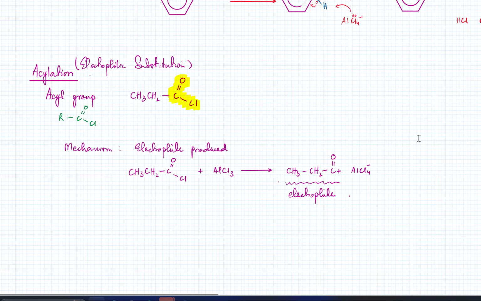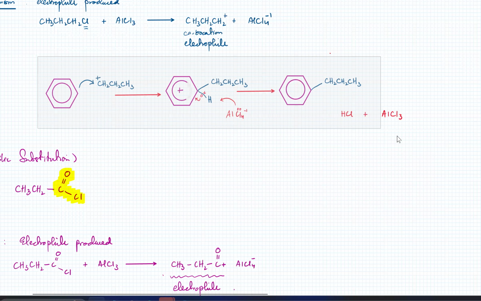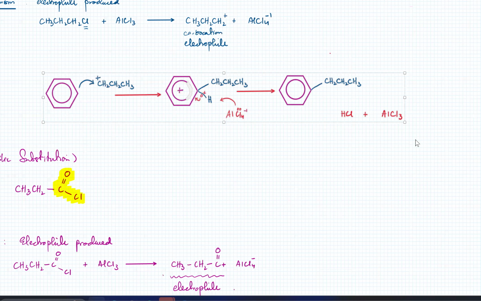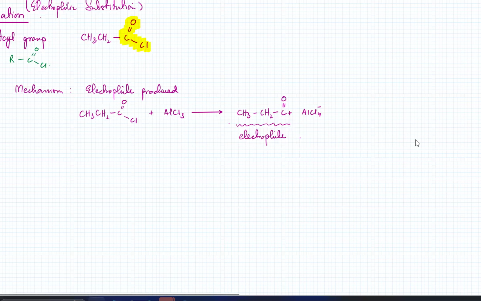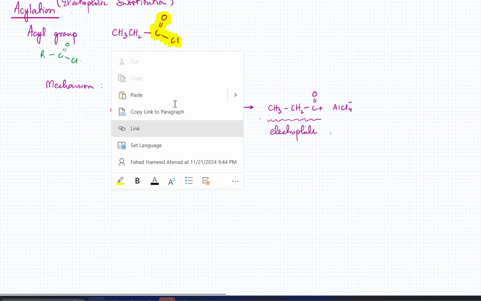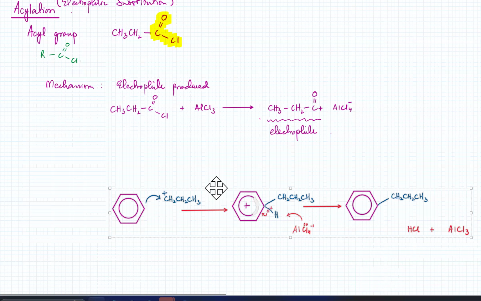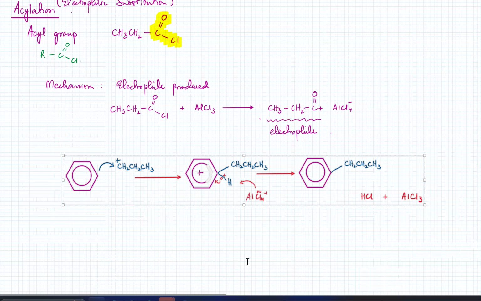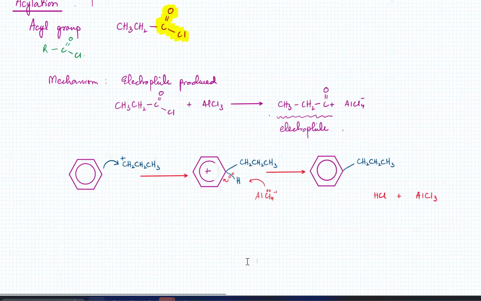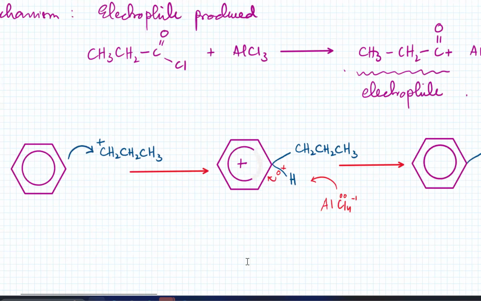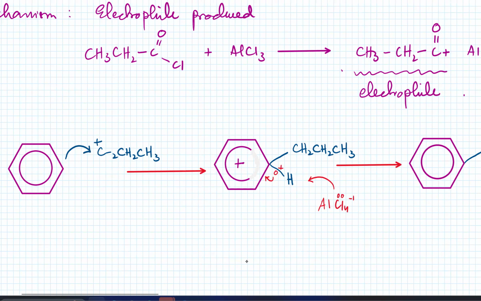I'm just going to copy the rest and change this. The rest is exactly identical. The electrophile goes and attacks the benzene. So instead of this carbocation, I've got a CH3, CH2, and the last part I'm going to change: C double bond O with a +1 charge. And this thing goes and attaches.